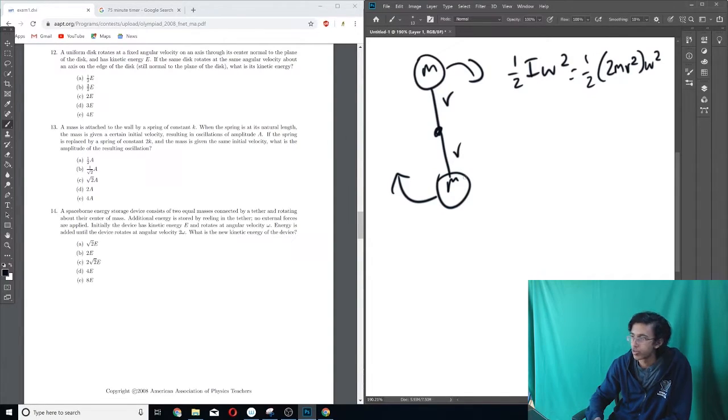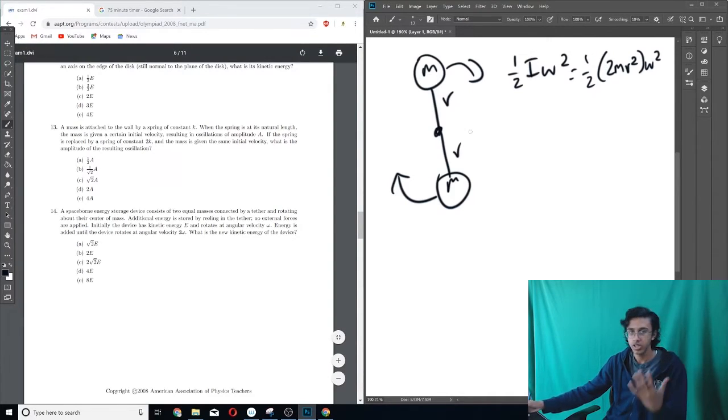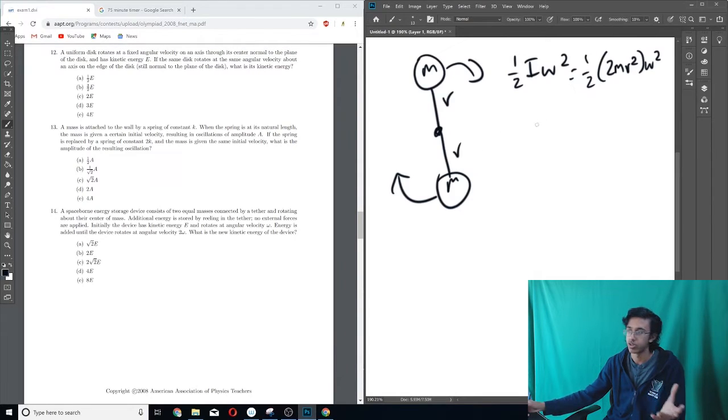Oh, okay, so two things change right now. Not only does the angular velocity change, but also the r has to change, because it says that it reels in the tether. So in order to relate r and w, we have to use another equation, which is angular momentum. You learned that angular momentum is conserved, and angular momentum is just I w equal to I prime w prime.